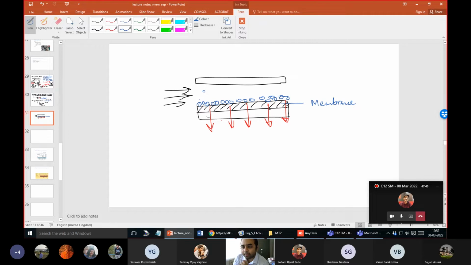If I apply a positive potential on the top plate and a negative potential on the bottom plate, there is an electric field set up in this system, and that would try to drive these negatively charged molecules towards the top. If they get dislodged or moved upward, we will see a net increase in the flux with the application of the electric field.